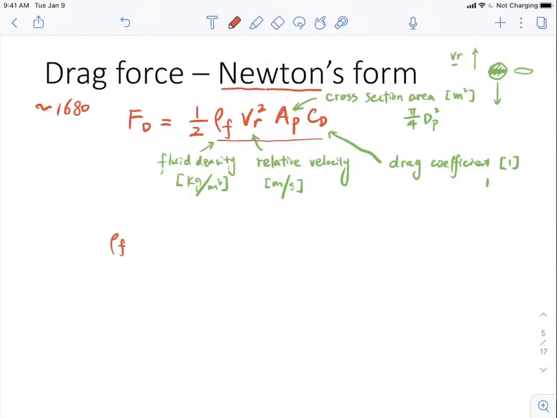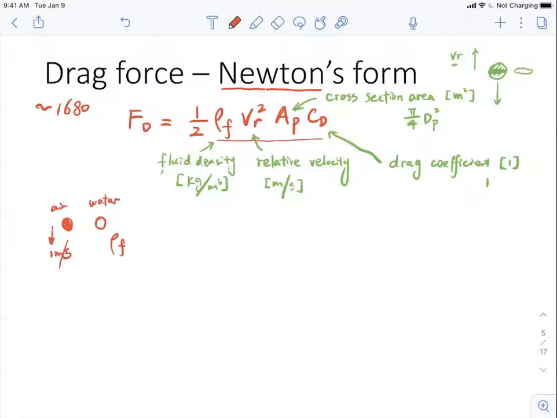Let's try to imagine: if we are trying to pull a particle in the air at a speed of 1 meter per second, and we apply this same movement in water, we know that in water it's going to be more difficult to pull the particle at the same speed.